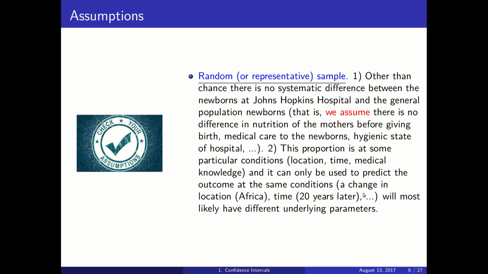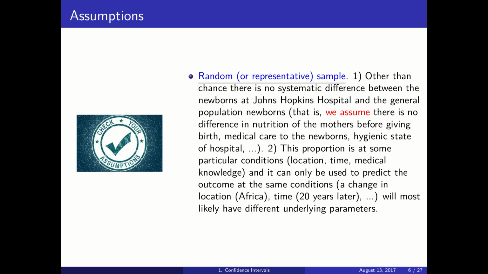So for instance, if you change your location, if you think of newborns at Johns Hopkins and newborns in Africa, probably they will have different conditions in terms of nutrition, medical care, hygienic state, etc. Also, it can be used to predict only if there is no change in time. For instance, if you compare this survival rate 20 years later, probably the medical knowledge, the medical care, and all the treatments that are done on newborns that are so small probably are different.